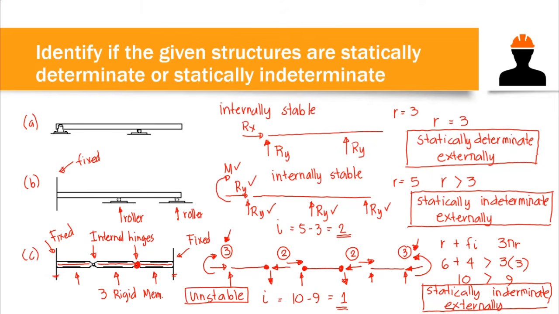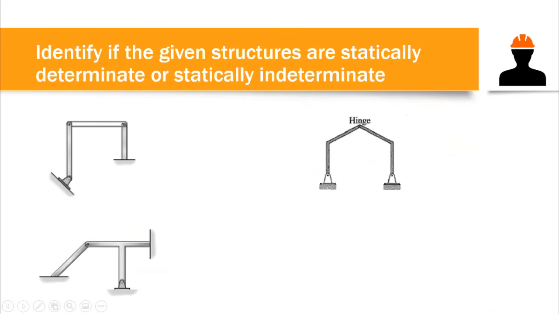And that is our first 3 examples. Now let's try to solve an example of frames. We have this first member here. If we omit the external support, there would be a large deformation, or a change in shape.